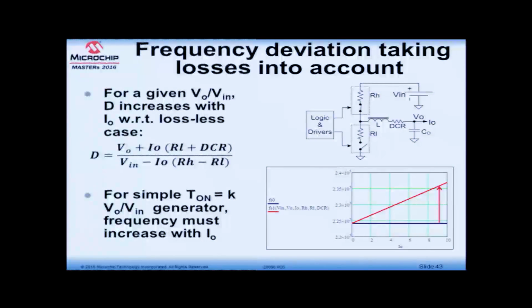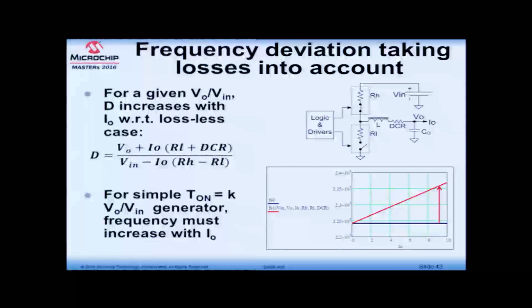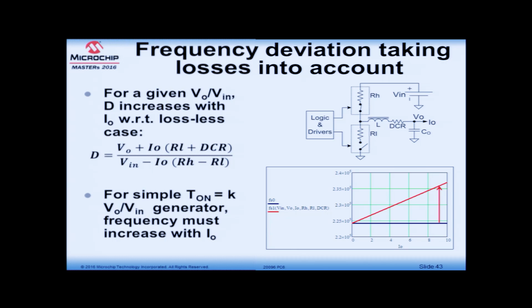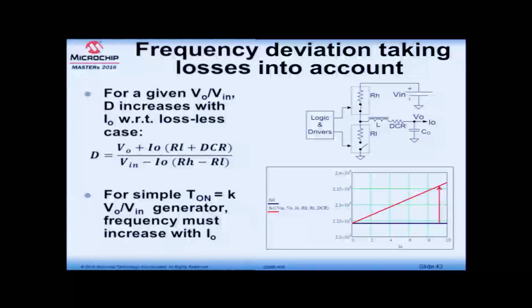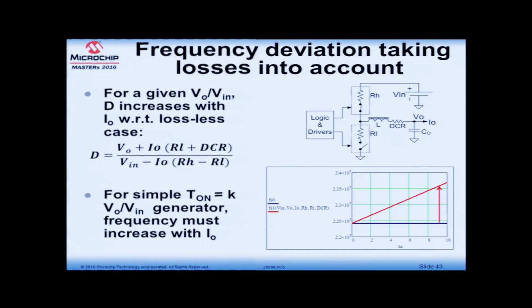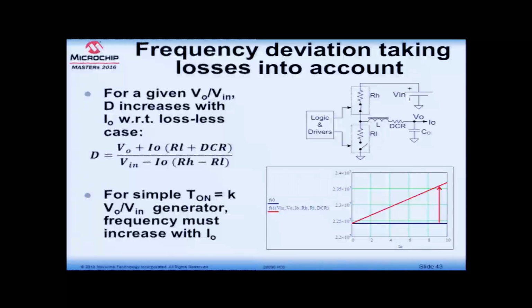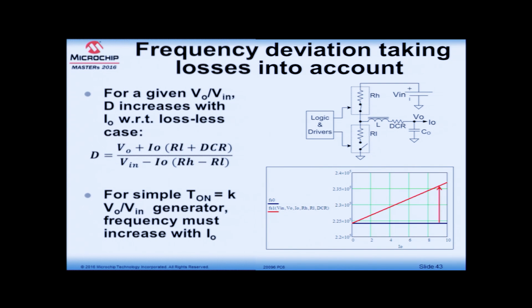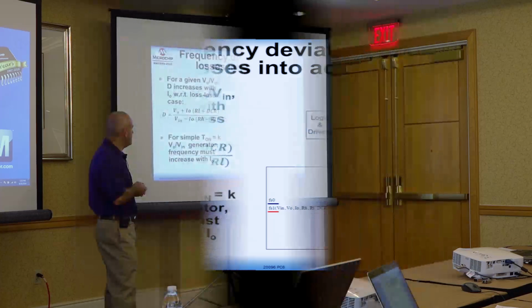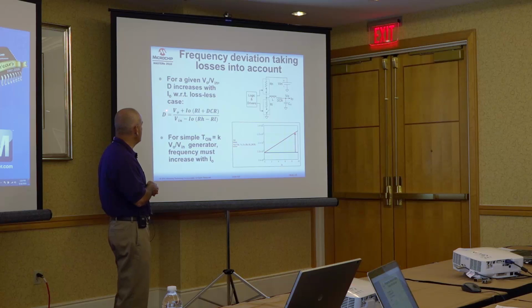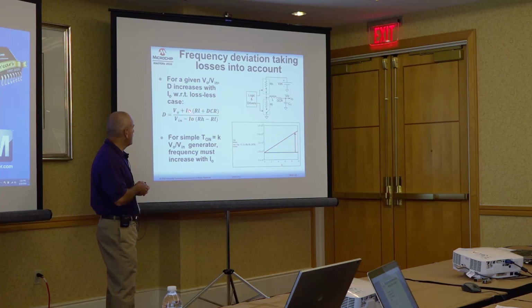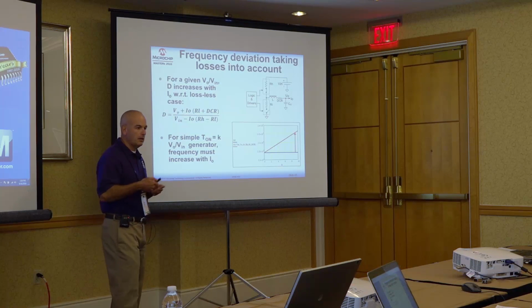So losses mean resistive drops due to current. And what the control needs to do in order to keep up the voltage conversion ratio is basically to deliver a higher value of duty cycle with respect to the lossless case. Here we can see that the duty cycle value has to increase as the load current increases.